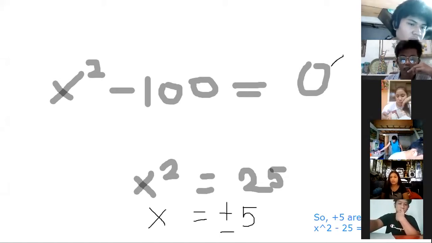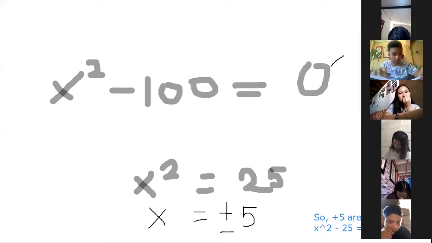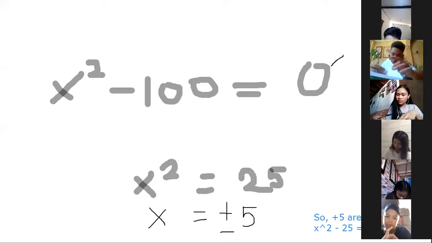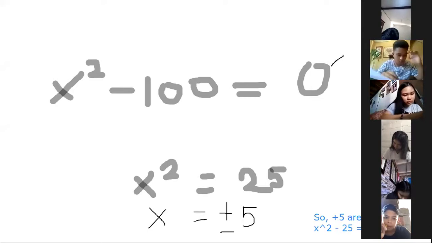Tingnan natin, Kim, kung tama yung sagot mo, ha. Sino pa yung iba? Ayan, si Kyra. Okay, let's ask Kyra. What is your answer? Ganun din po. Positive, negative 10 are the roots of x squared minus 100 equals 0 po.